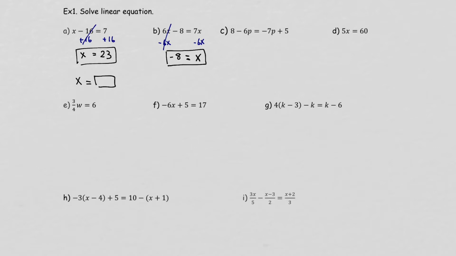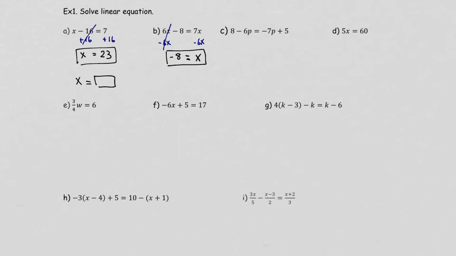Let's look at the next one. I'm solving for p, the unknown variable here, and it looks like I have one here and one there, and I want to combine. So I want to combine the number with the variable together, and the number without the variable on the other side.